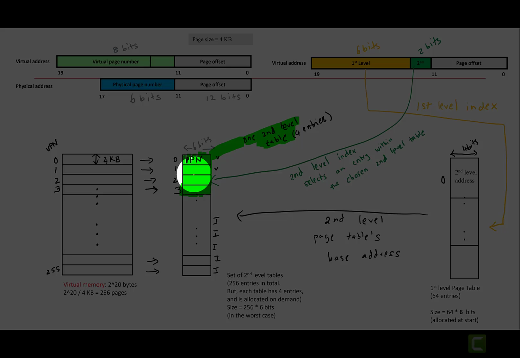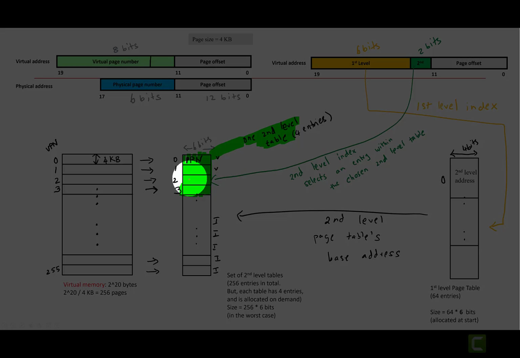And the way I would index into this second level table is by using the remaining bits in between my first level and the page offset. So in this case it will be 2 bits because my super page has 4 smaller pages, so I need 2 bits to select from one of those 4 entries.